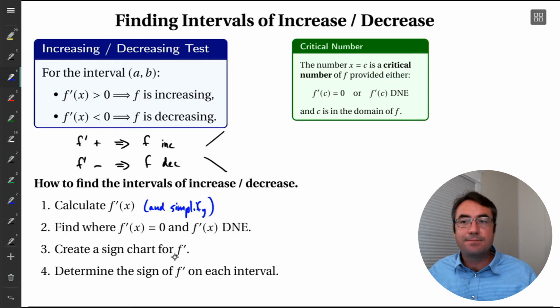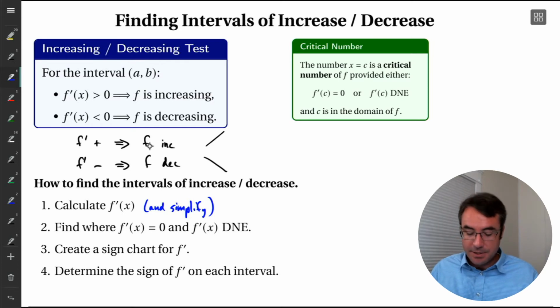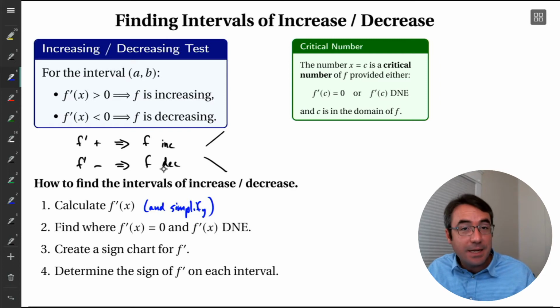Then we're going to use the sign of f prime on each of those intervals to make this determination. If f prime is positive, well then f is going to be increasing. If f prime is negative, well then f is going to be decreasing.